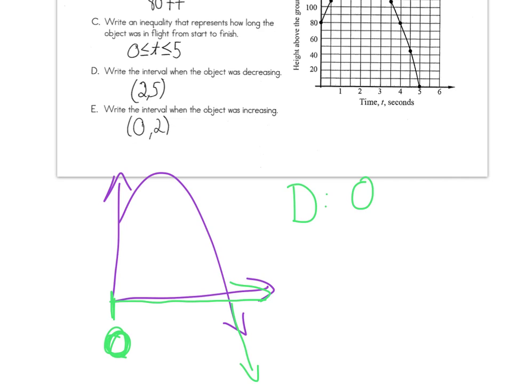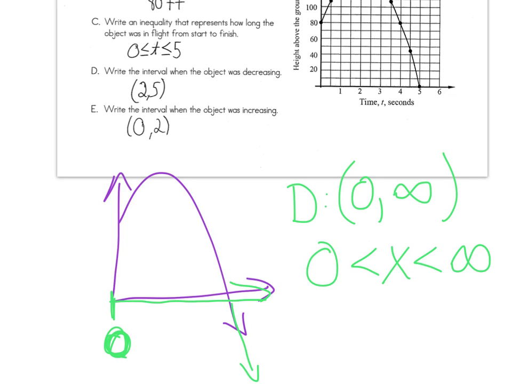So we can write this as 0 to positive infinity. Or we could write this as 0 is less than, why am I having such a hard time writing the number 0? It keeps getting glitchy. All right, 0 is less than x is less than infinity. Or sometimes you might see it written as x is always going to be bigger than 0. Those are two of the same inequality type notations.